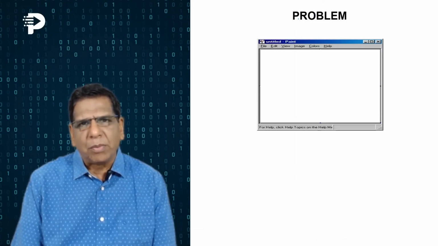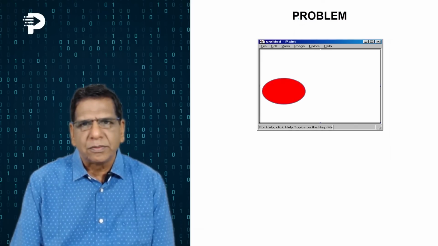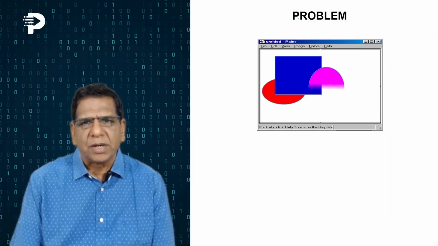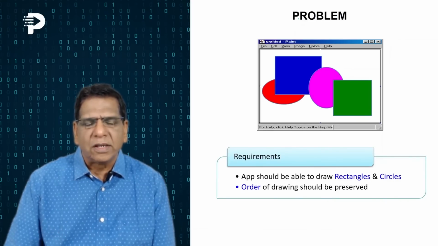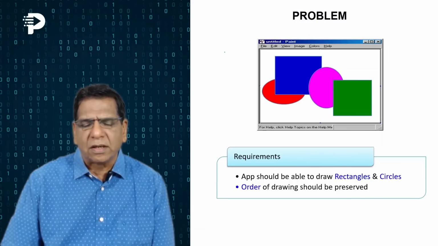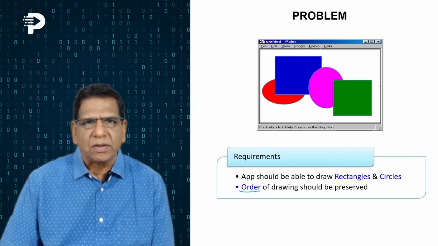Suppose we have a problem like this to solve, wherein within a window we propose to draw a variety of shapes. Maybe some circles, some rectangles, so on and so forth. Now here if you observe carefully, not only are we interested in drawing the rectangles and circles, additionally we want that the order of drawing of those shapes should be preserved.